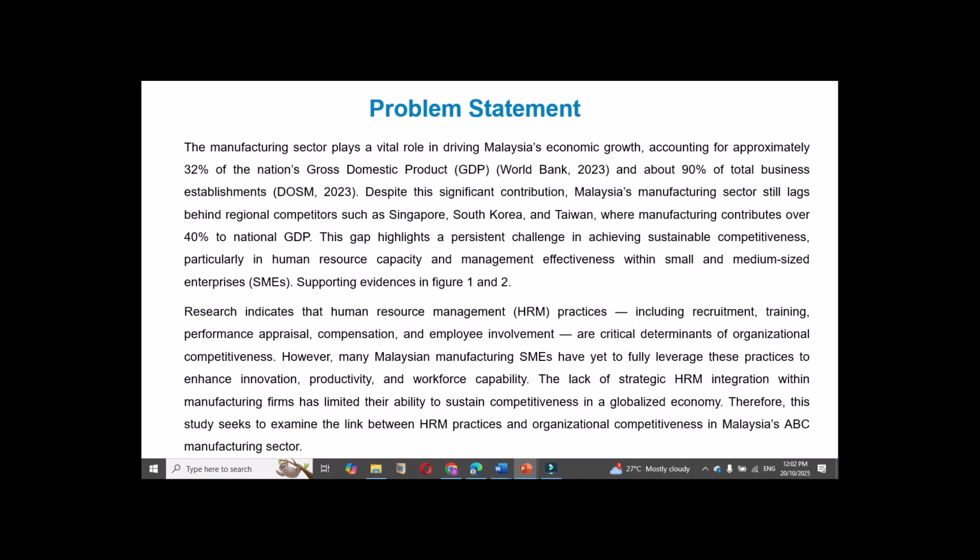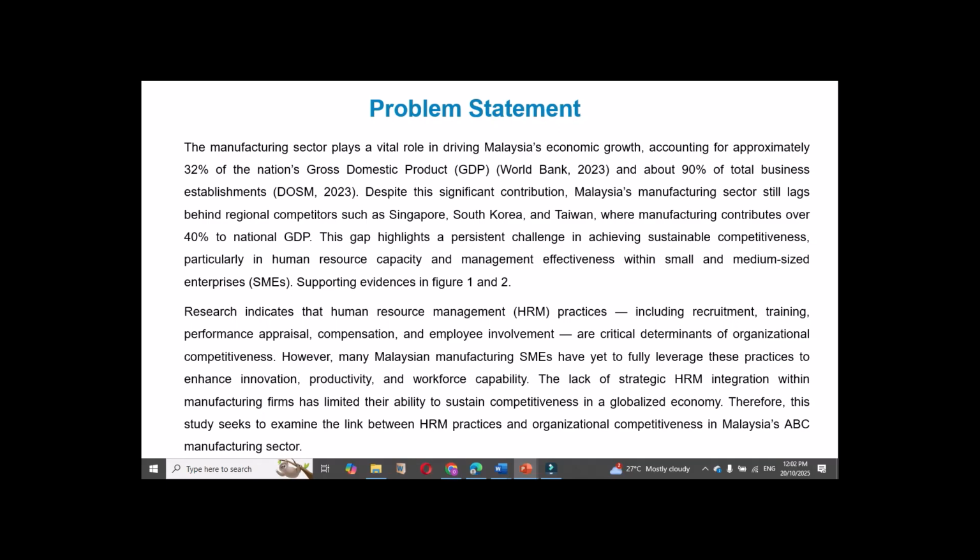This gap highlights a persistent challenge in achieving sustainable competitiveness, particularly in human resource capacity and management effectiveness within small and medium-sized enterprises. Supporting evidence is in Figures 1 and 2. Research indicates that human resource management practices, including recruitment, training, performance appraisal, and so on, are critical determinants of organizational competitiveness.